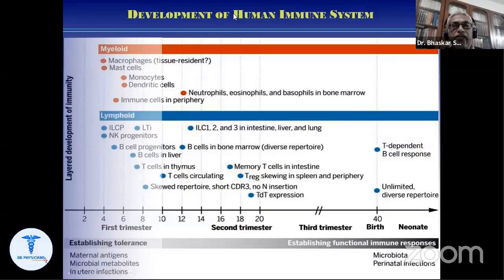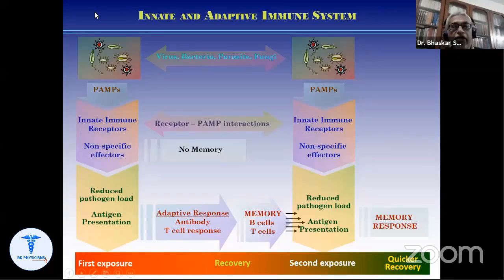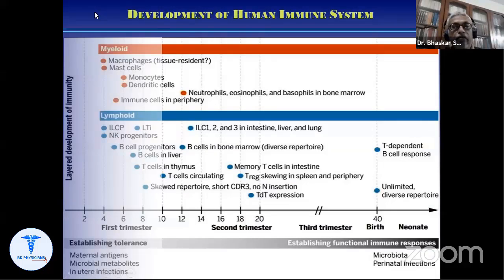So basically, as it is said in biology, ontogeny recapitulates phylogeny. So this is the development of the human immune system. During the first 9 to 10 weeks, you see here in both the myeloid and the lymphoid compartments, as introduced yesterday very nicely, the tissue-resident macrophages, the monomac cells, the monocytes, mast cells, dendritic cells, and then in the lymphoid, different innate lymphoid committed progenitors, and then NK progenitors, B cell progenitors, they are all there.